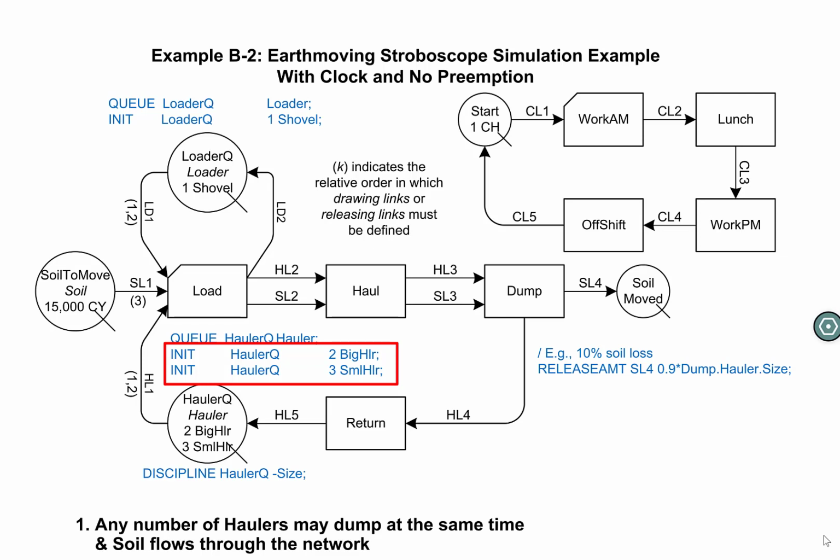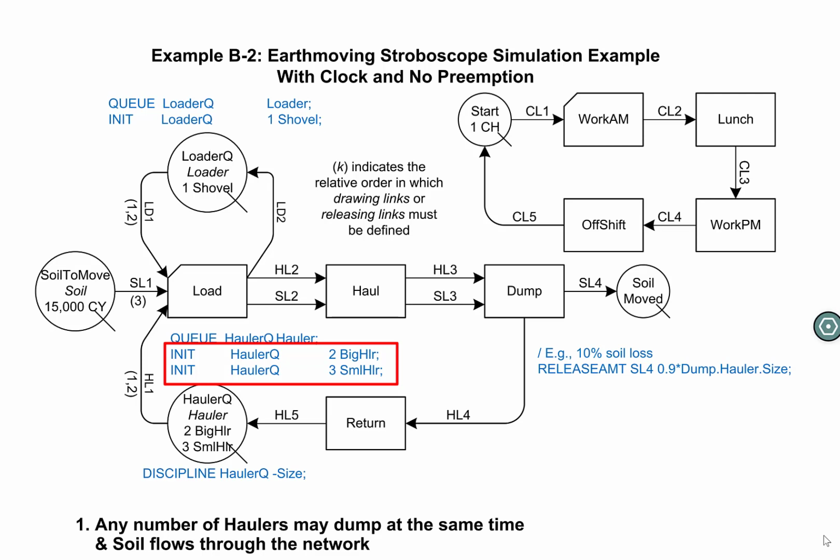Init hauler queue 2 big hauler, init hauler queue 3 small hauler. What these two statements do is to insert into hauler queue two big haulers, which are in the front of the queue, followed by three small haulers, which are in the back of the queue.